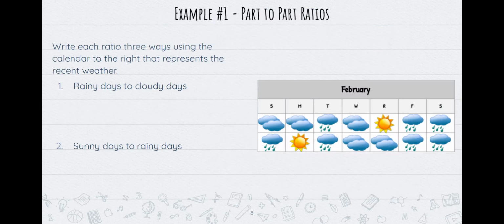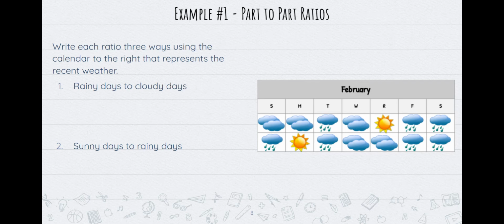So first, I want to look at some part-to-part ratios. In this case, we've got a calendar where we looked at weather for a couple of days. And first, we want to compare our rainy days to our cloudy days. Well, all I do is I count my rainy days, and I've got one, two, three, four, five, six, seven. And I count my cloudy days. I have one, two, three, four, five.